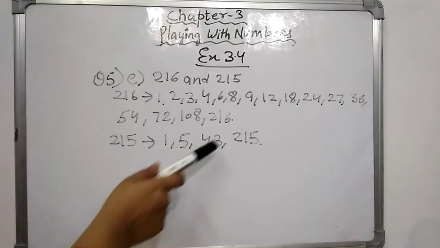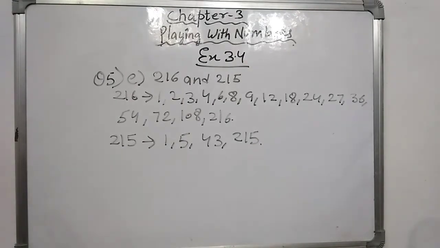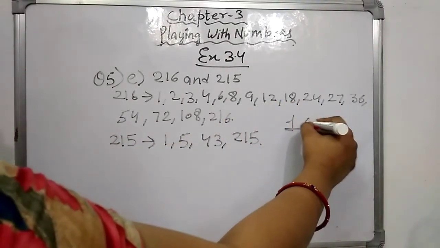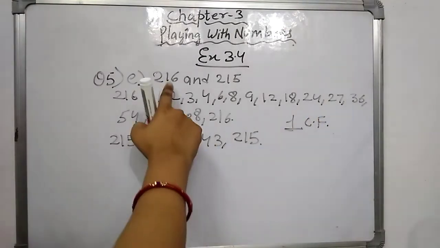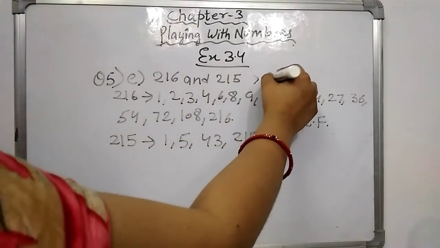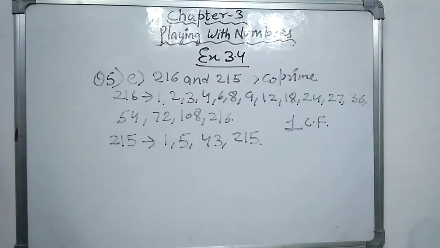It has only one common factor, that is number 1. So this pair is co-prime. So 216 and 215 are co-prime numbers.